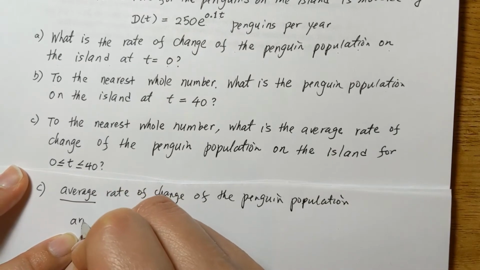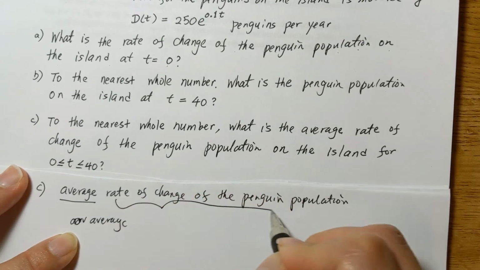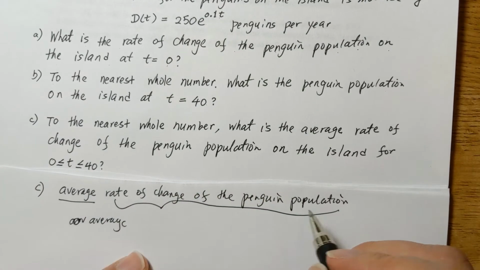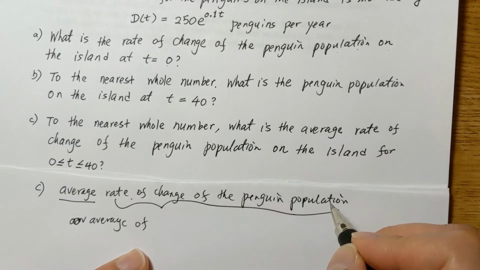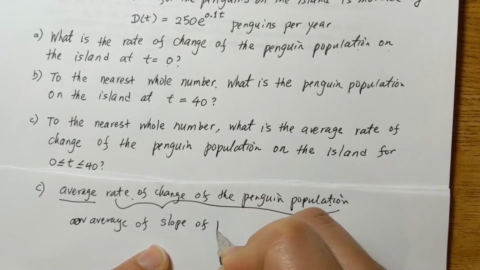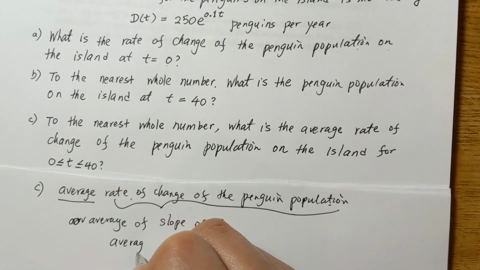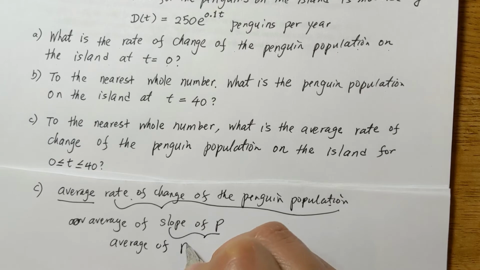Average rate of change of the population is the slope of the population, the slope of P. So that means the average of the P prime.